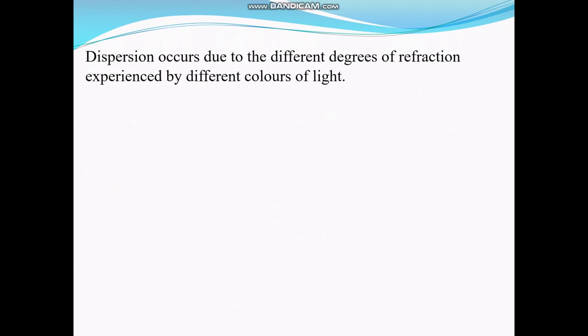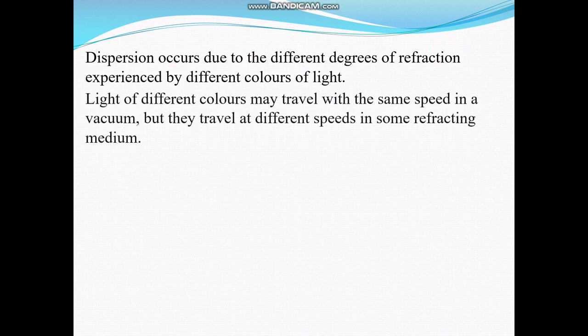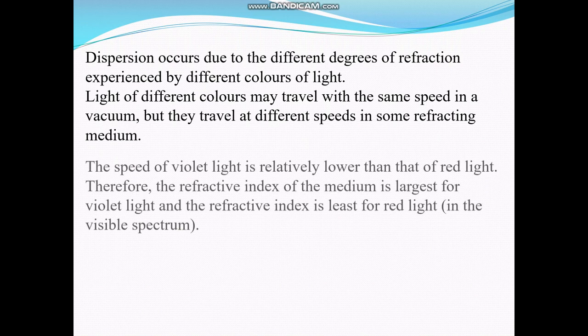Now dispersion occurs due to different degrees of refraction experienced by different colors of light. Light of different colors may travel with the same speed in a vacuum, but they travel at different speeds in some refracting medium.